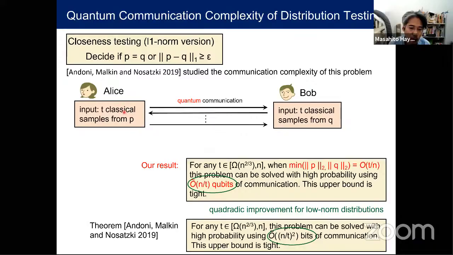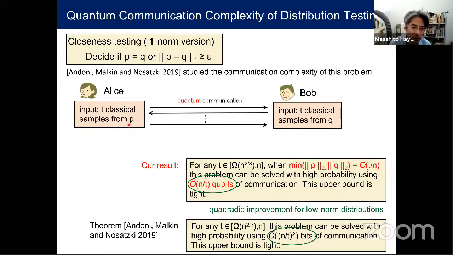Yes, but this is quantum communication, but do you consider some initial state is a quantum state or not? The initial state, what do you mean by initial state? Root P or root Q. You consider root P, root Q. No.